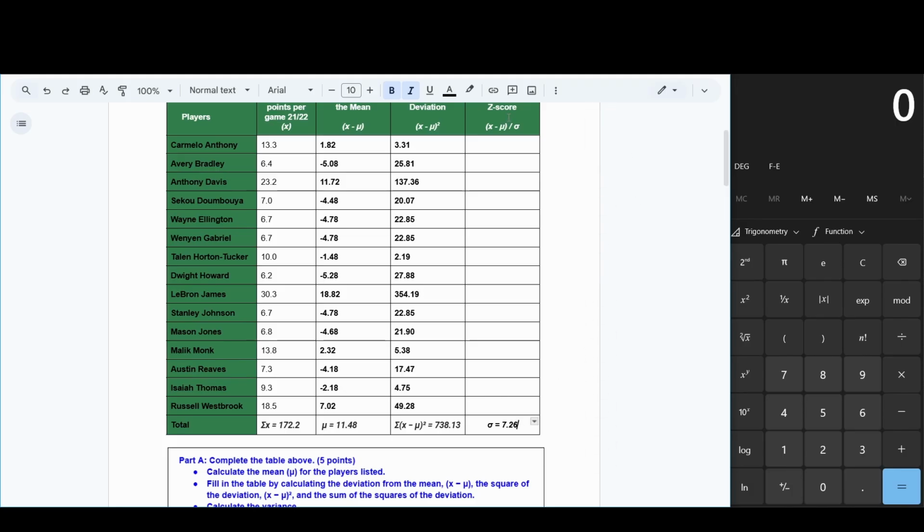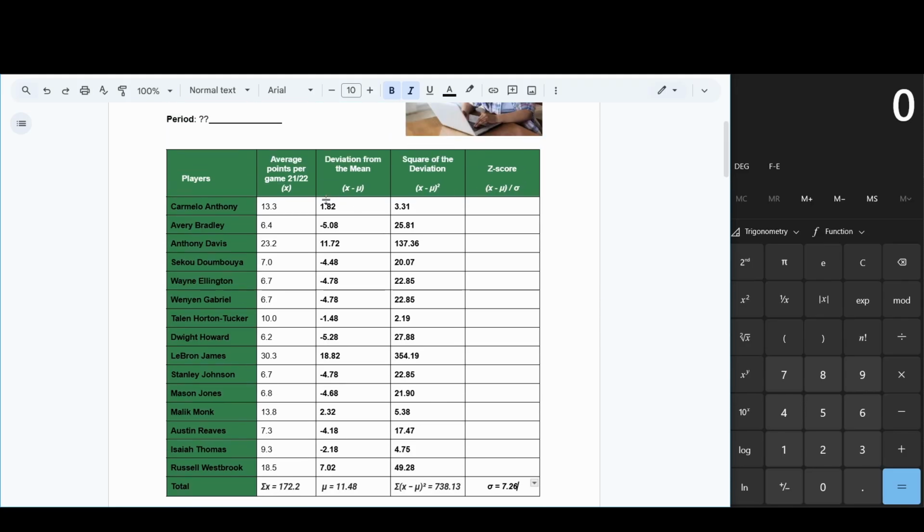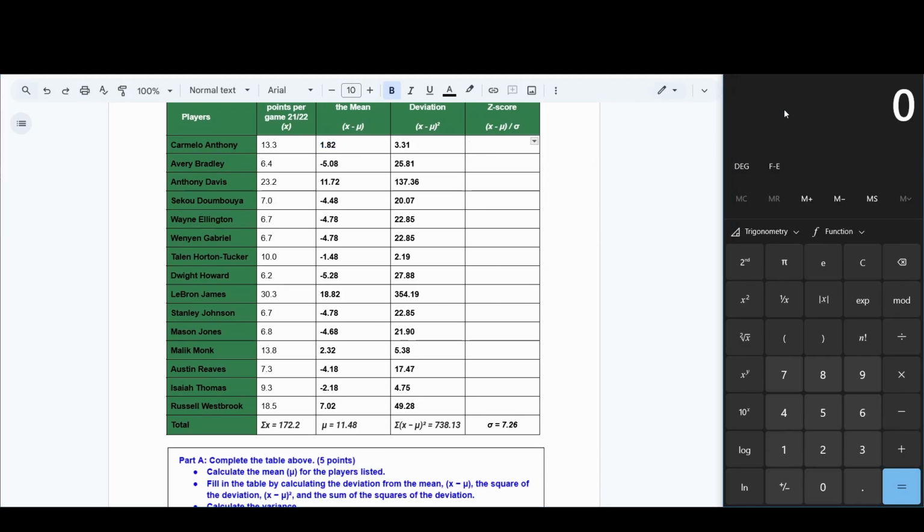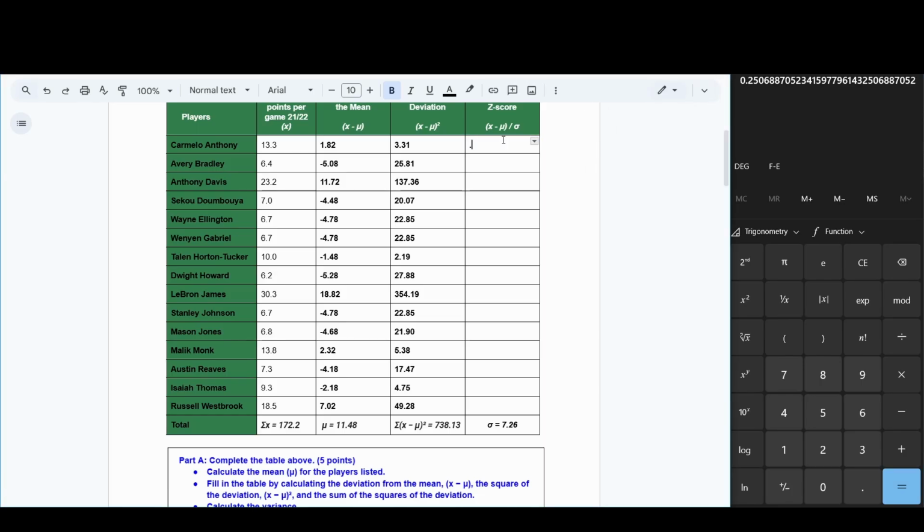And my last step here to get the z-score, so I'm dividing the difference in the mean, the x minus mu, which was this. I'm dividing that by the standard deviation. All right, so the first one's going to be 1.82 divided by 7.26. And here, let's just say 0.25.